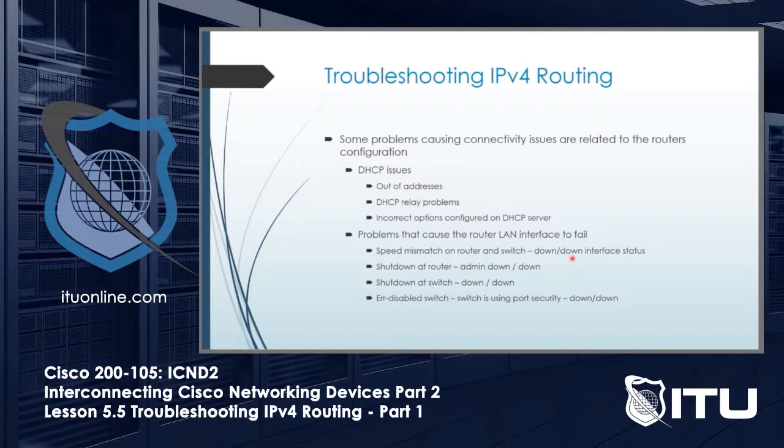If that's the case, how do we check that? Well, we have to show the configuration options on those interfaces. Shut down at the router would say administratively down and down. A switch port being shut down would say down and down. These are administrative shutdowns. Error disabled on a switch, if I got that sort of message, then that means the switch is using port security and the port would be in a down state.